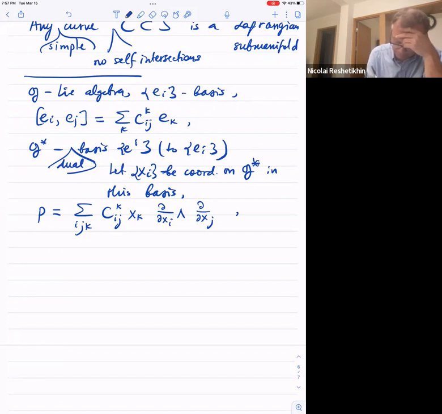So it's a bivector field. P is a section of the exterior square of the tangent bundle, in this case, on G star.